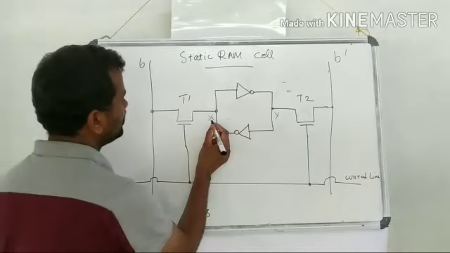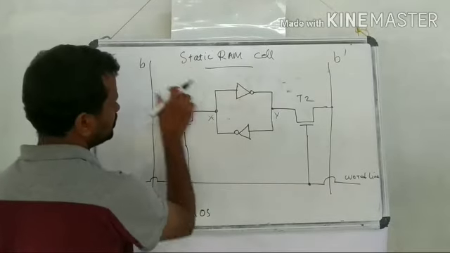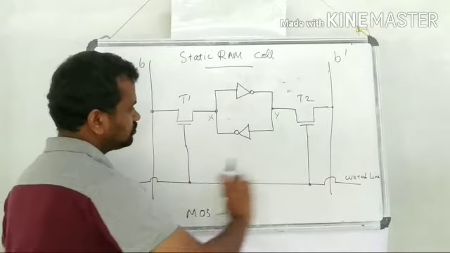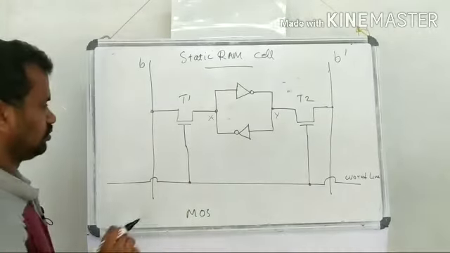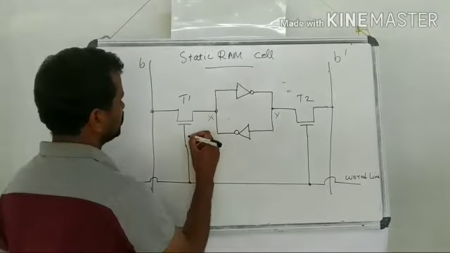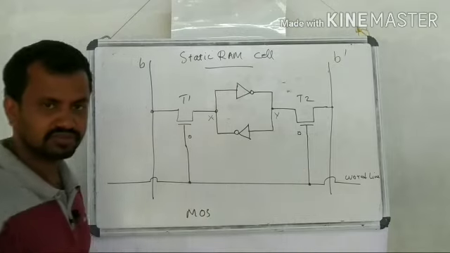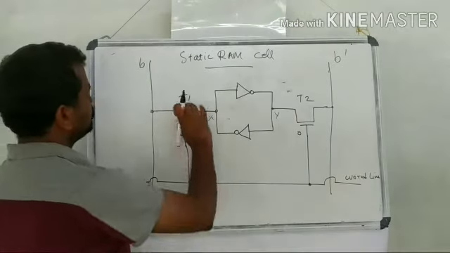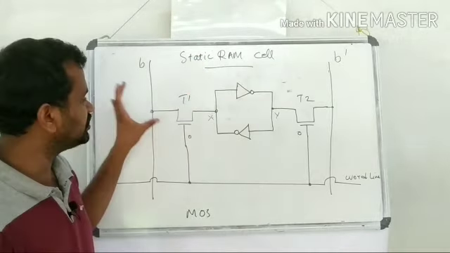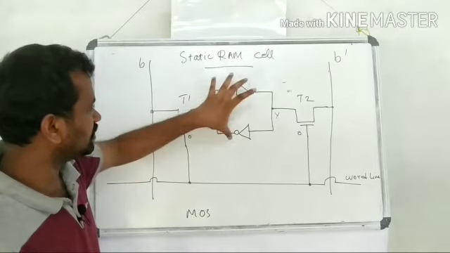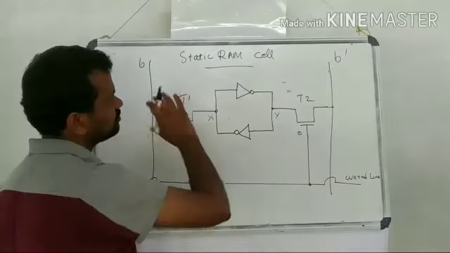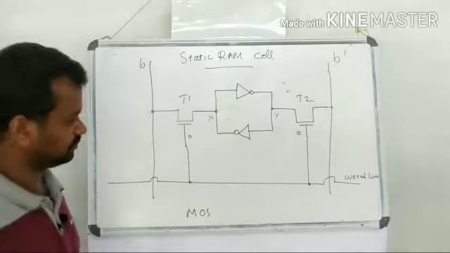That is, the value at point X will be available to B, and point Y will be available to B bar. When the word line is not activated and its value becomes 0, T1 and T2 will be turned off, and the latch will be disconnected from the bit lines. So the value will be retained there and will not reach the bit lines.